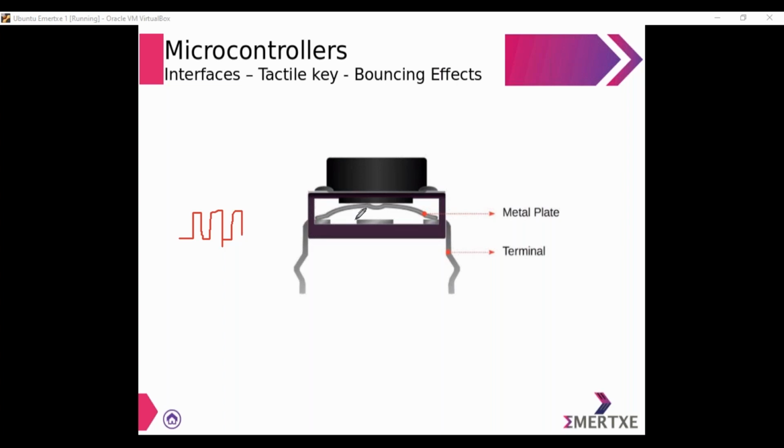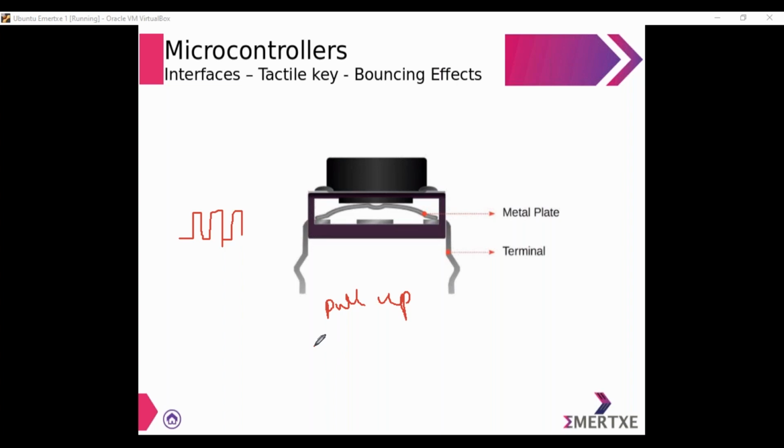Okay. So for example, assume this switch has been connected as a pull up circuit. So whenever I press the switch, what should I read at the pin of the microcontroller?